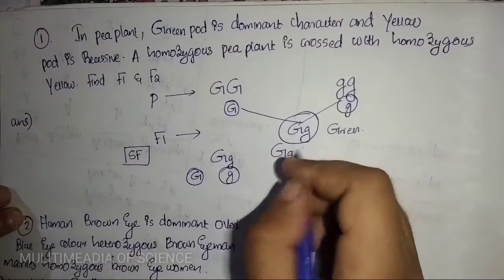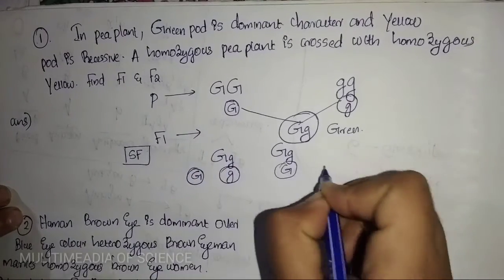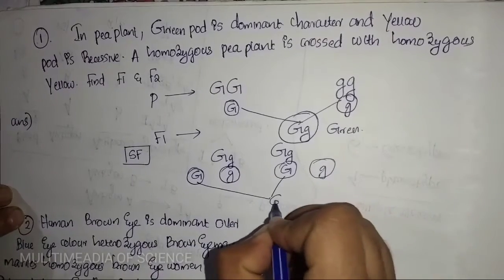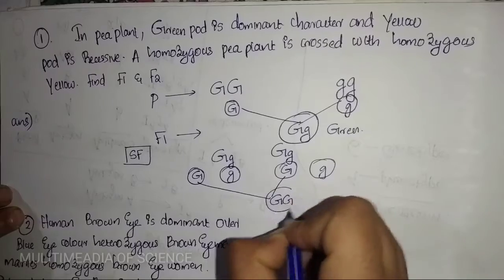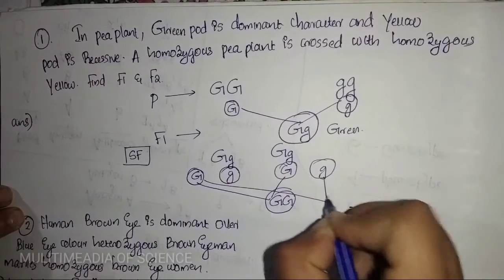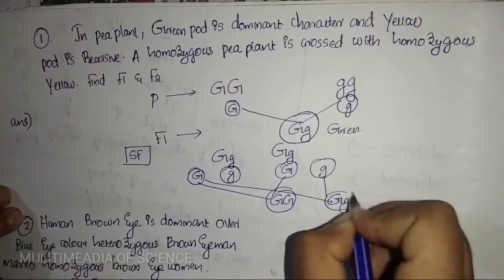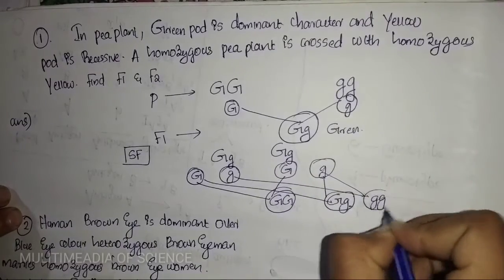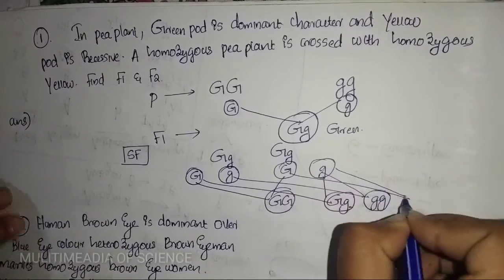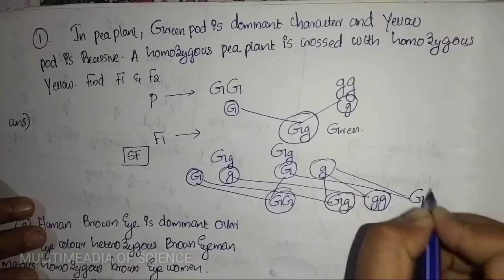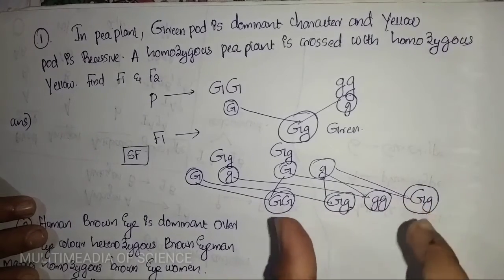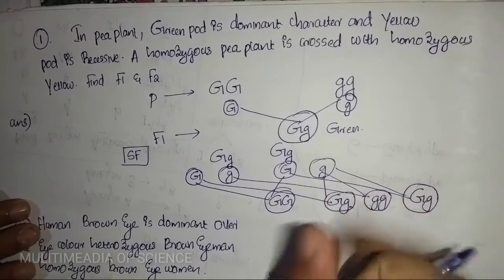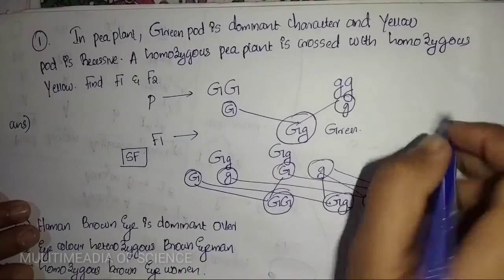First one capital G, then capital G, small g, then small g, capital G, small g. To avoid such confusions while writing, this is made with the pedigree chart.